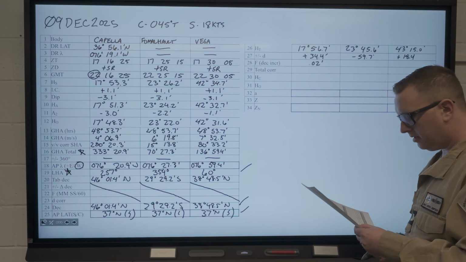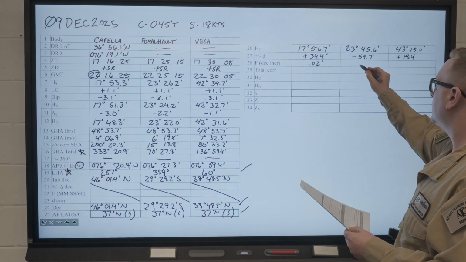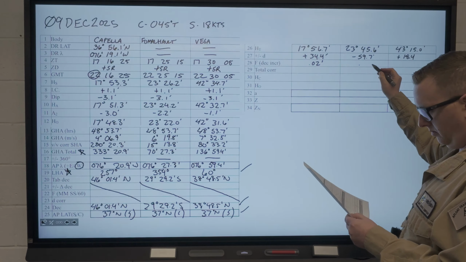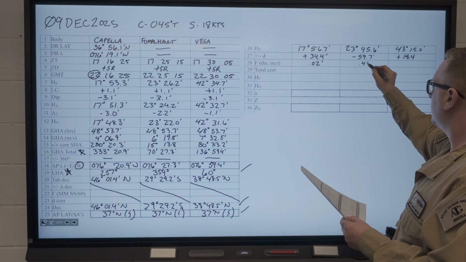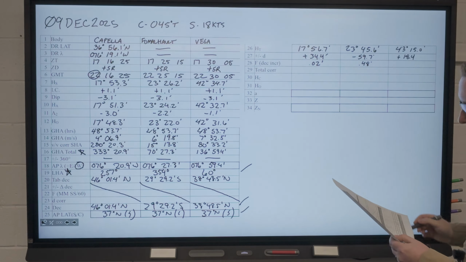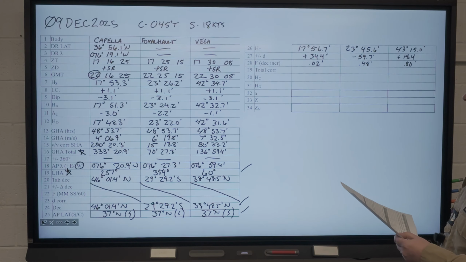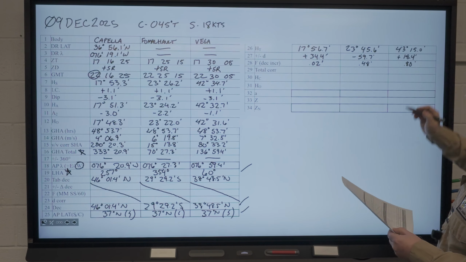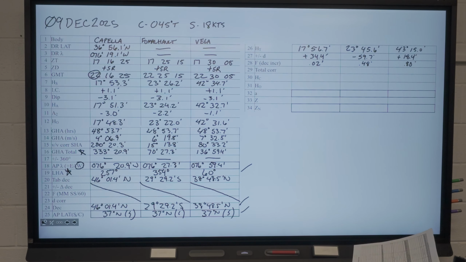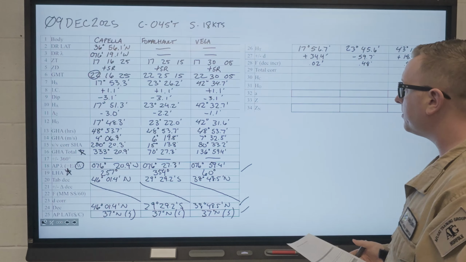That was Capella, 0.02. For Fomalhaut, 0.48, and 0.80 for Vega. So I guess I lied. There's a little bit of division, but still simple math.